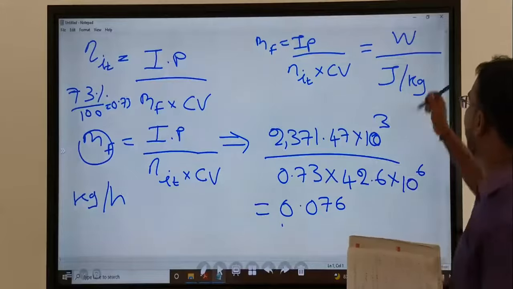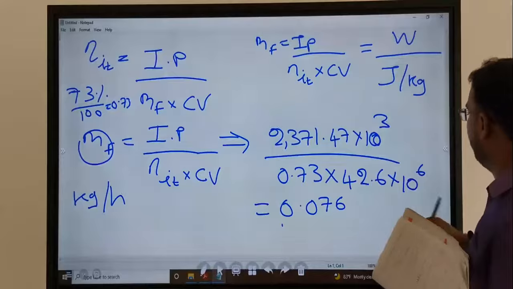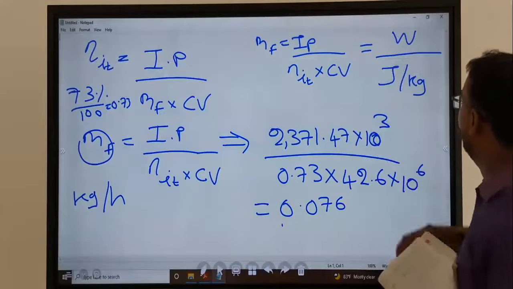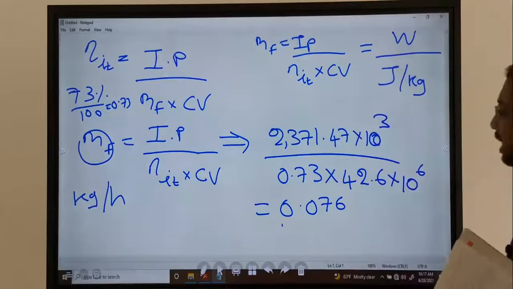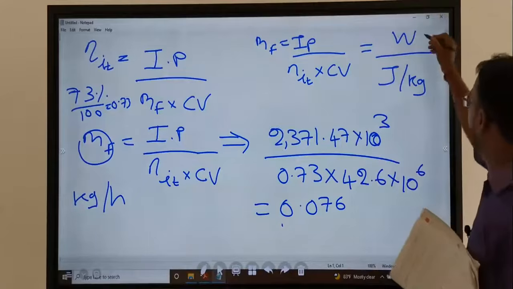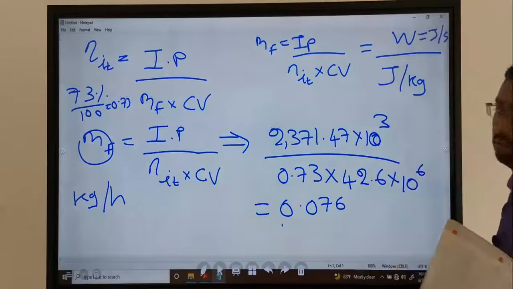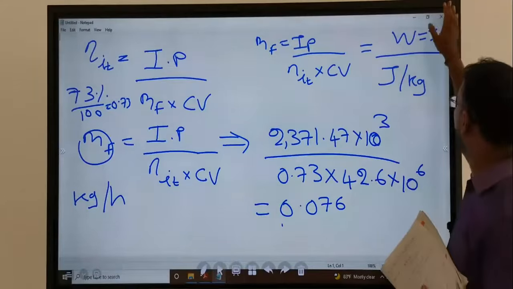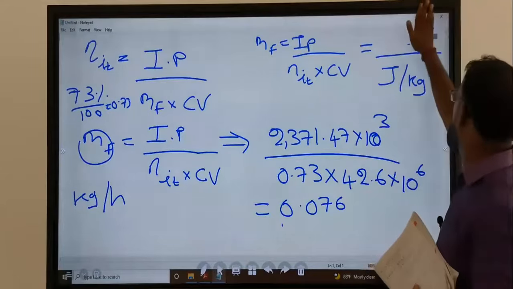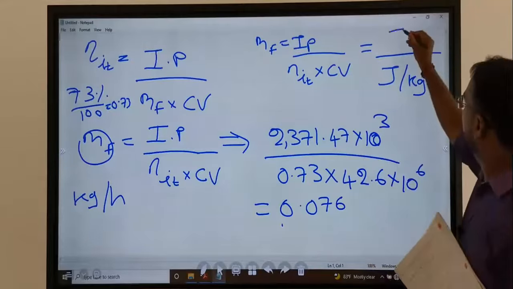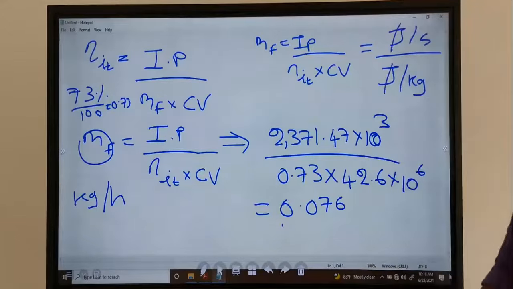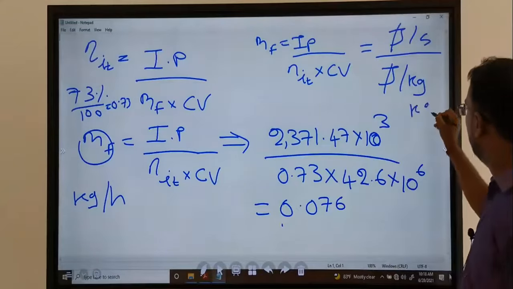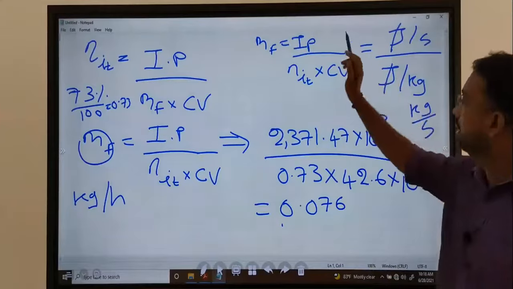Now you can see the watt. Watt is joule per second, the work done in 1 second. So here we can put joule per second, and the joule also cancels. So the kilogram goes upside, and kilogram per second is MF.